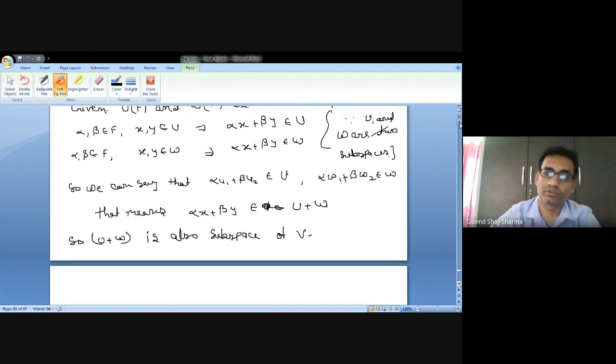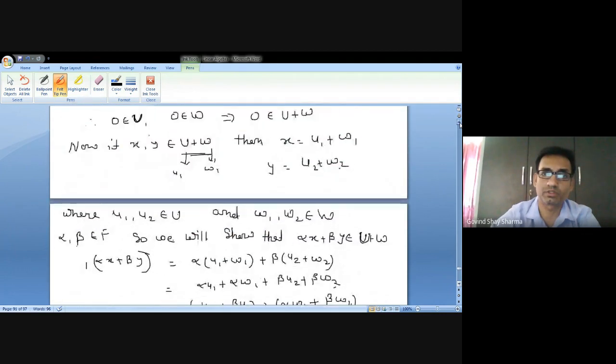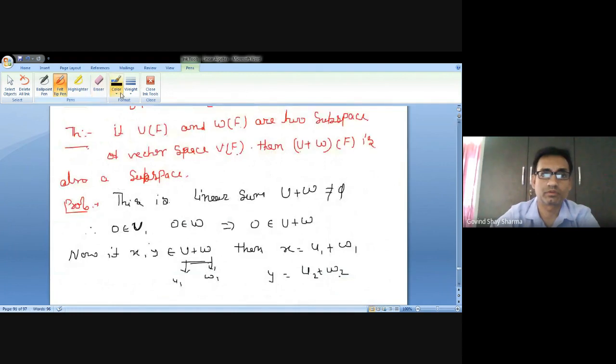Again, I repeat the theorem so you can understand easily. Given that U_F and W_F are two subspaces of vector space V_F, we have to show that U plus W is also a subspace of V_F. For this, we have to show that alpha x plus beta y belongs to U plus W, because this is the linear sum.